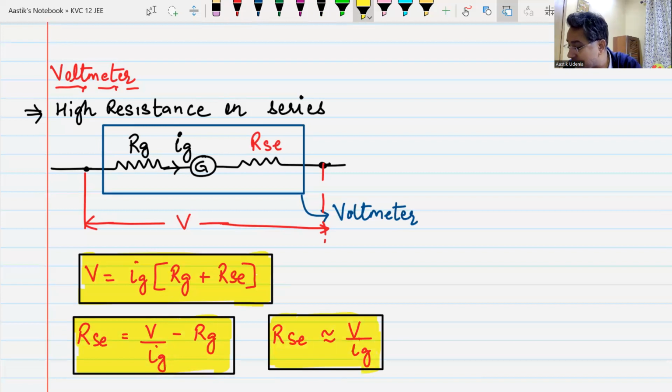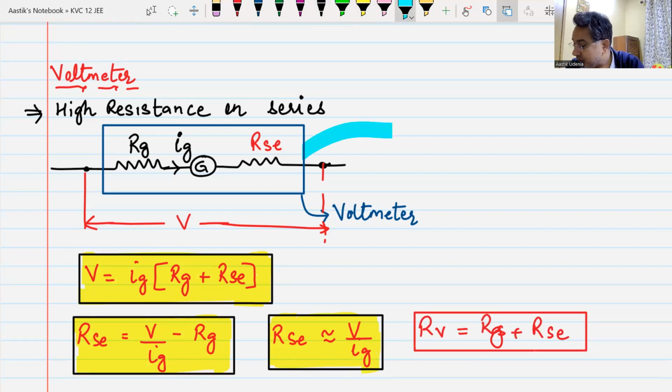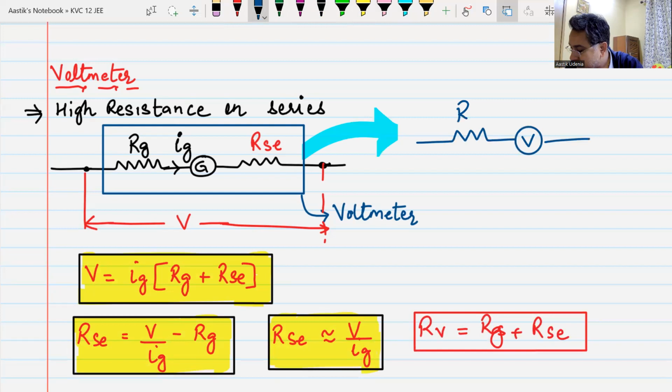Once you find the value of R series, you can find the resistance of the voltmeter, and that becomes Rg plus R series. And now you can replace this entire stuff, and this becomes your voltmeter.